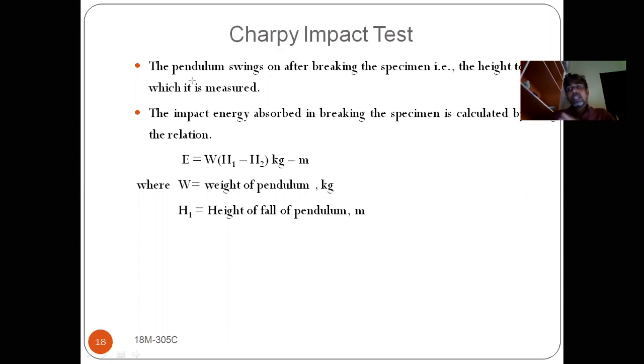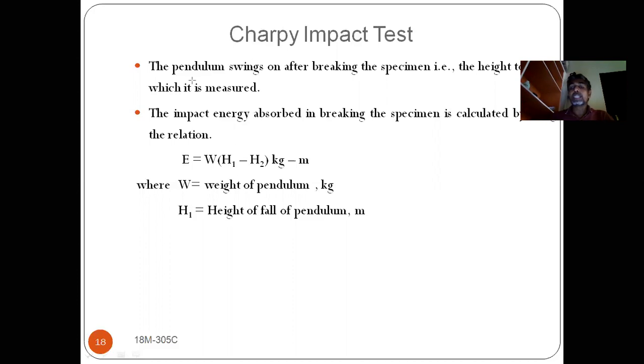After fracture, the pendulum swings, and the height it travels to gives the H2 value. So you have H1 and H2, and you know the weight of the hammer. If you know W, H1 and H2, then E is equal to W into H1 minus H2. That gives the impact energy that is absorbed during the test.